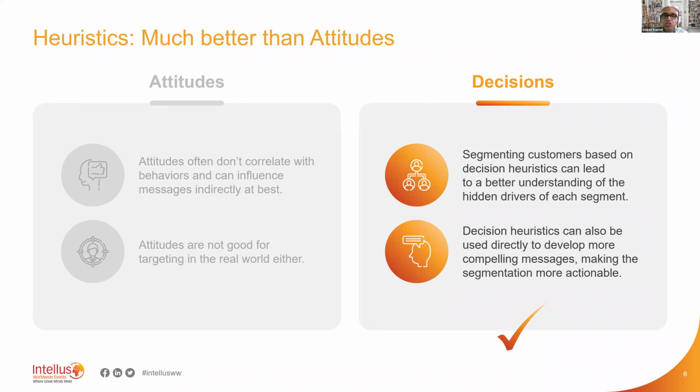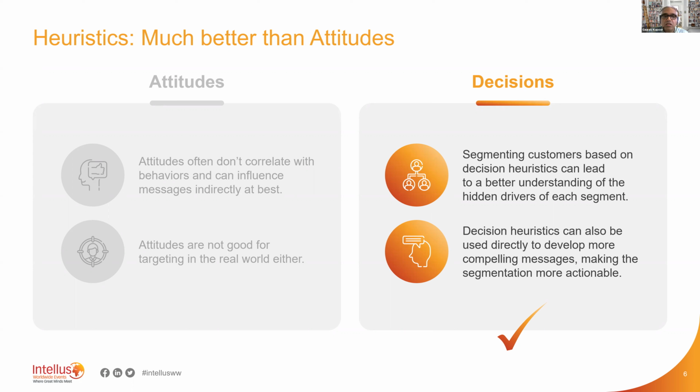The share of each brand or class of drugs doesn't change by segment. Why is that? If their attitudes are so different, why aren't their behaviors different? So attitudes don't correlate with behaviors, and attitudes are also not that helpful, because sometimes with the same attitude in two different segments, the messages that they prefer are also not the same. So decision heuristics as a way of augmenting is a much more actionable variable to consider.